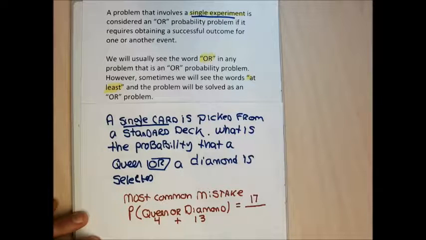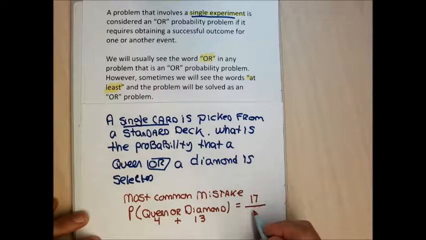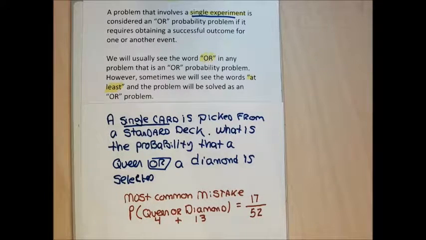There's where the mistake is. And they put 52 in the denominator because when you're picking a card from a deck of cards, 52 is the general denominator because a card deck generally has 52 cards. This is wrong, and the reason it's wrong is because it counts the queen of diamonds twice.